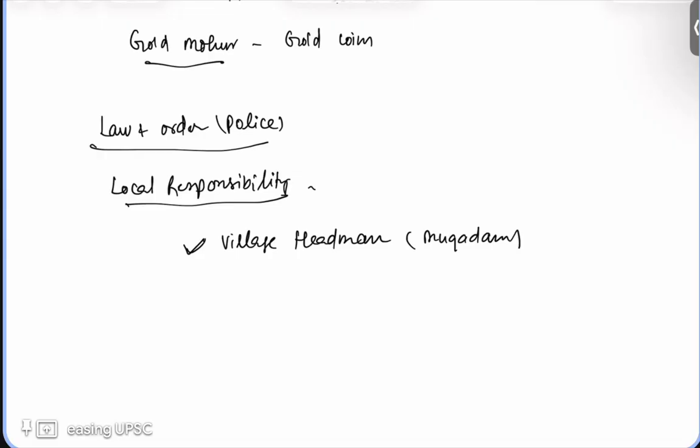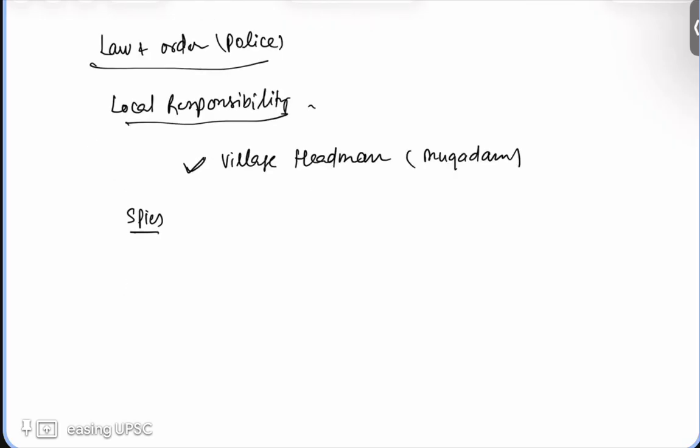And if any crime happens, let's say that if I have stolen your pencil, then it is the duty of the village headman, that is Mukaddam, either to catch me or pay compensation to the person who has suffered wrongful loss. Then spies. An efficient espionage system kept him informed.